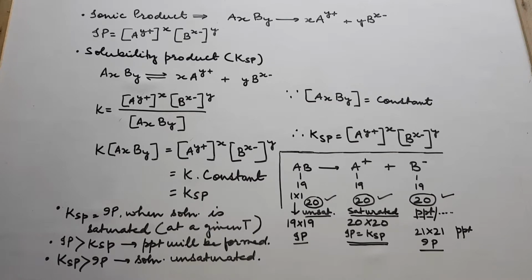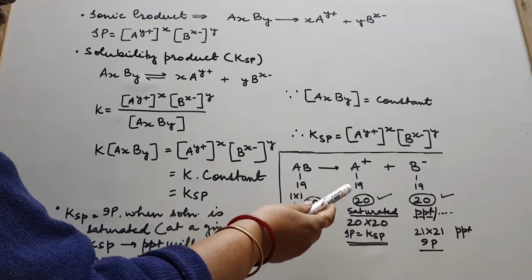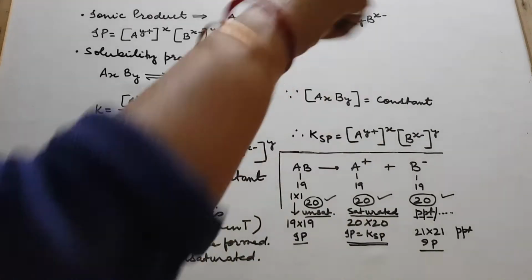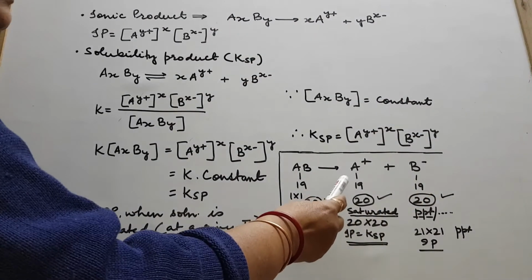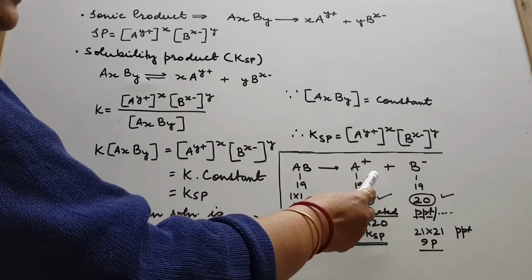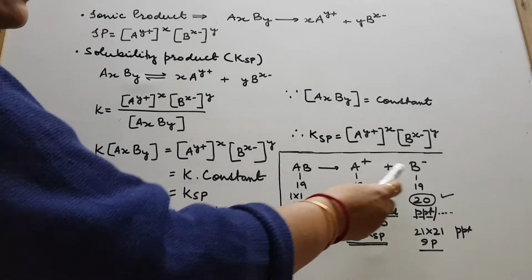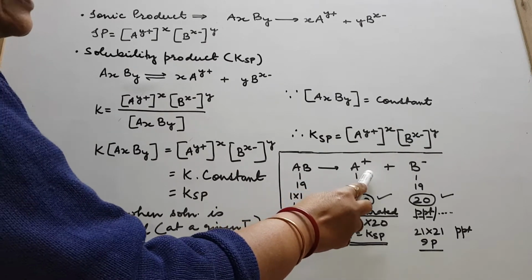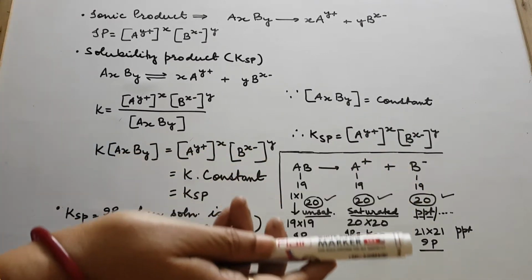So at any point of time, its ionic product will be 1 into 1, at the second mole 2 into 2, you add a third mole, we assume it must have given 3 into 3. You add 10 moles of AB, it will be 10 and 10. This is what is assumed to be the electrolyte.